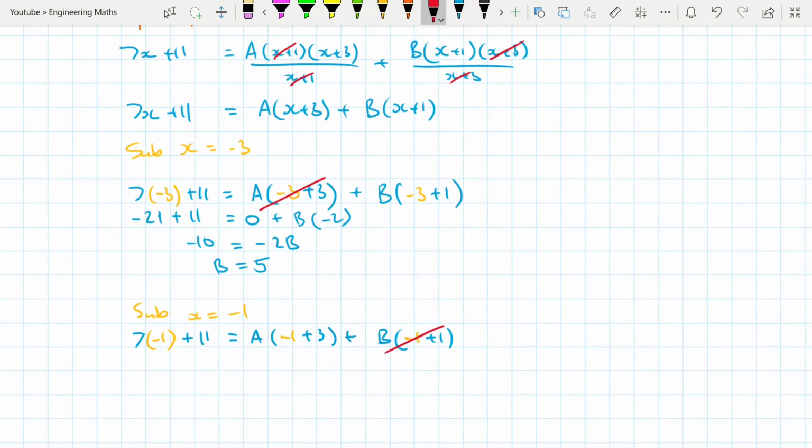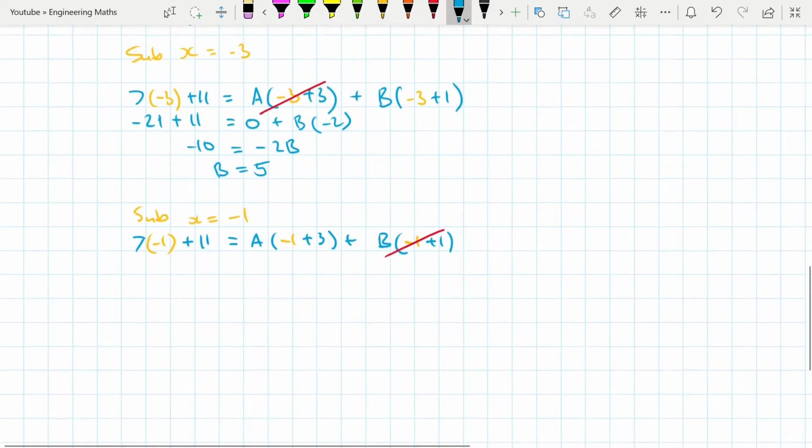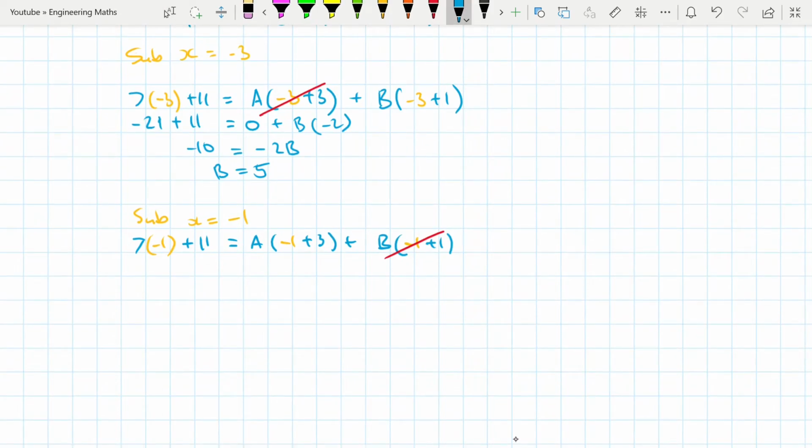We can get rid of that. And then this would be -7 plus 11 equals A multiplied by 2. So 4 equals 2A, and that means that A equals 2.